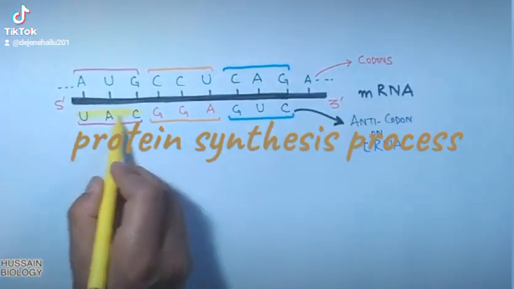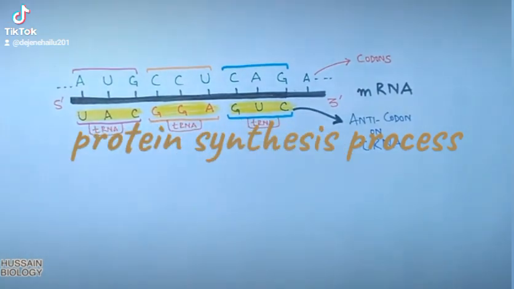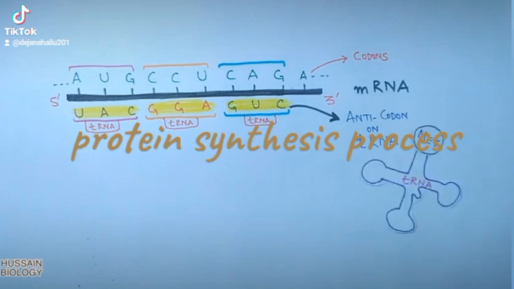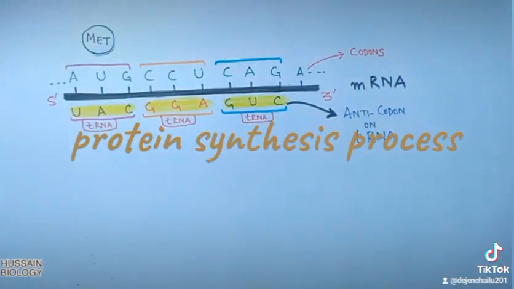Now to start the translation process, the tRNA is charged first with specific amino acid. And in this case, the tRNA is first charged with methionine for AUG codon. Then we see that tRNA comes in and pairs with the codon of mRNA and gives off its first amino acid, that is methionine. The methionine is the start codon.